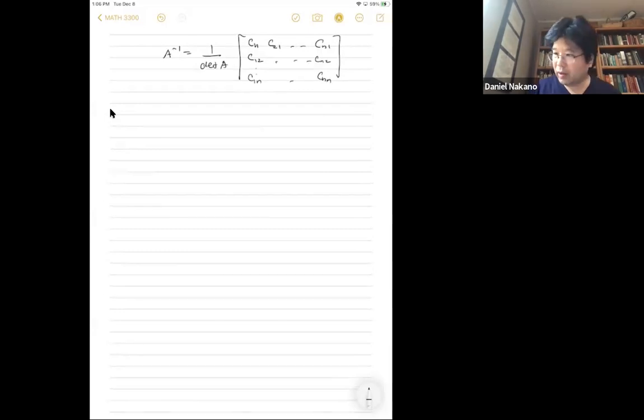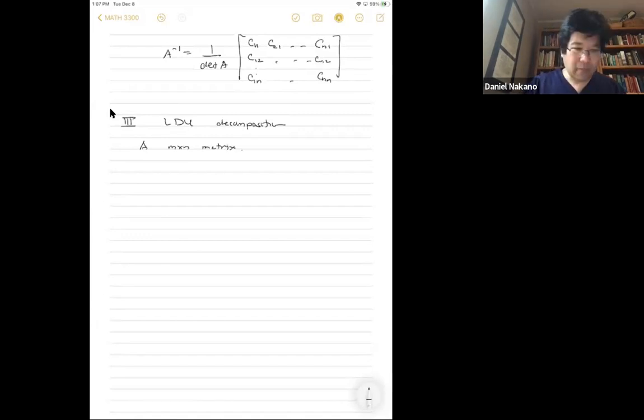One quickly is the LDU decomposition. Let's say A is an m by n matrix. Then I could factor A in terms of L times U' first, if no row exchanges are needed.